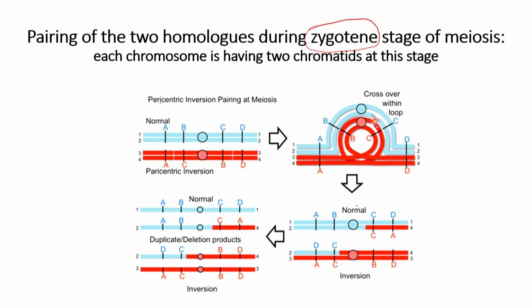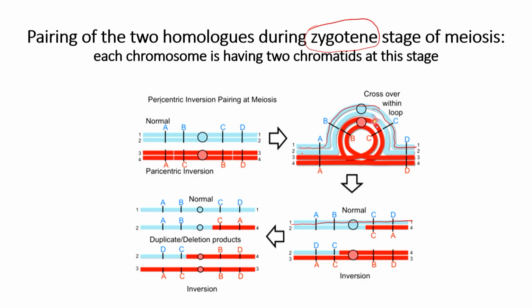Now when they separate, in what way can they separate? You can follow. This one is the outer one, this will go and get separated. So the outer one is A, B, C, D, separated.